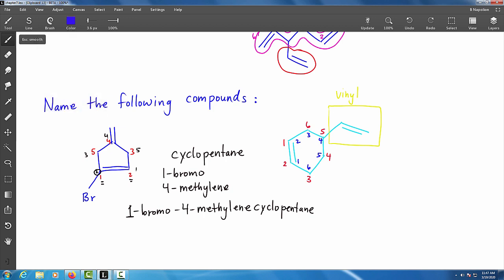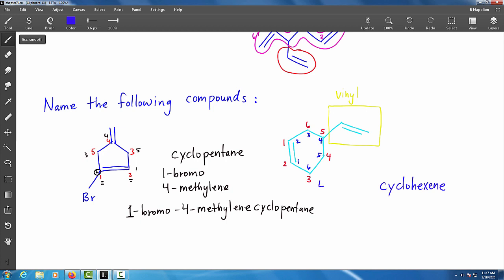And we recognize the ring as a cyclohexene. And we have a vinyl group on number 4.